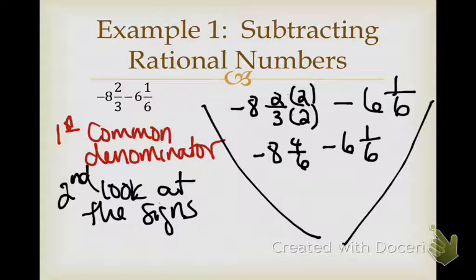I'm going to add them together. So 8 and 6 gives me 14. So -14, and -4 and a -1 gives me -5/6. So it's already in simple form.